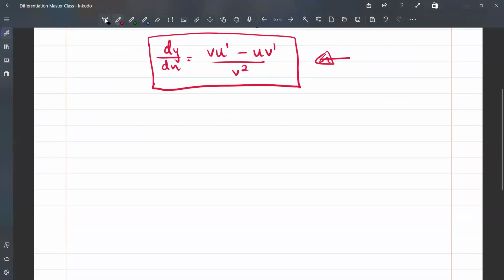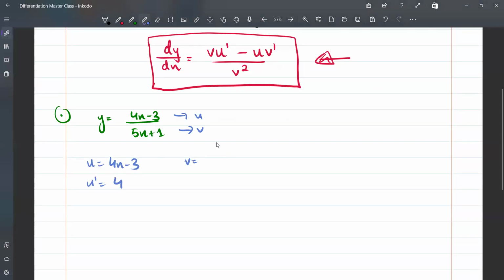Let's say we have y is equal to 4x minus 3 upon 5x plus 1. This is u, this is v, and u is equal to 4x minus 3, u dash is equal to 4, v is equal to 5x plus 1, v dash is equal to 5.